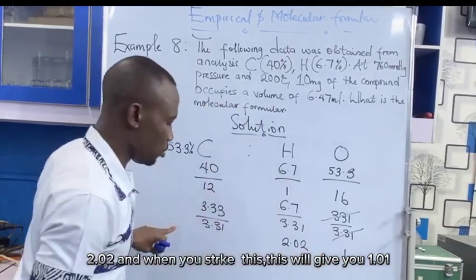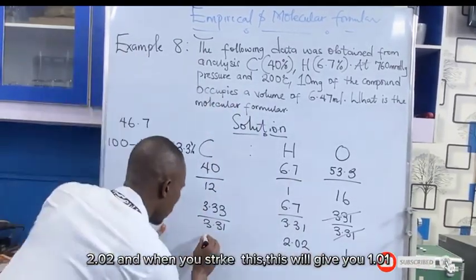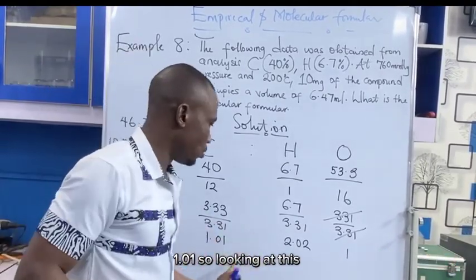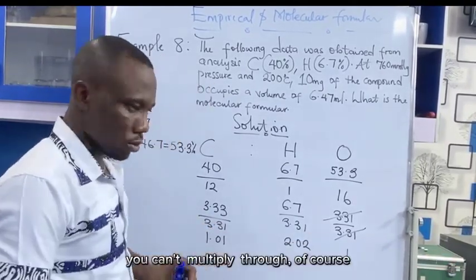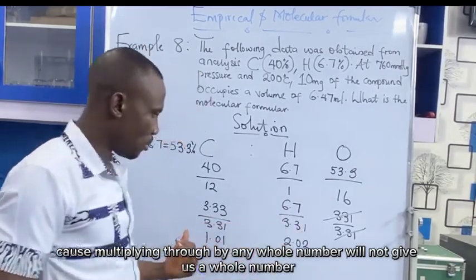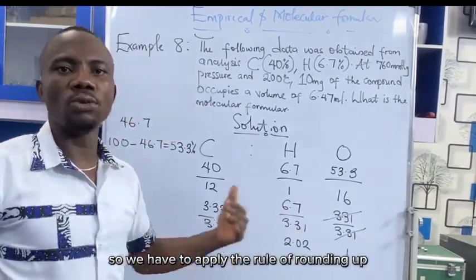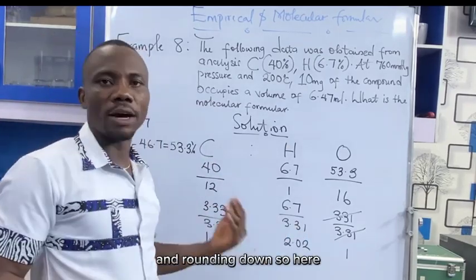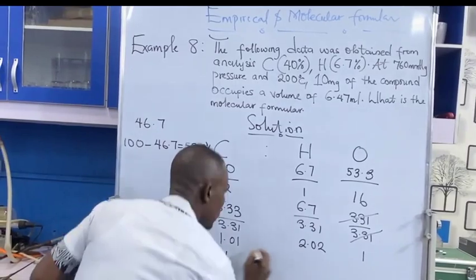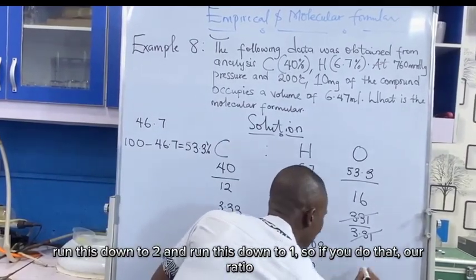And oxygen gives 1.01. Looking at this rule, multiplying through by any whole number will not give us a whole number, so you have to apply the rule of rounding. Here we round down to 1, round this down to 2, and round this down to 1.